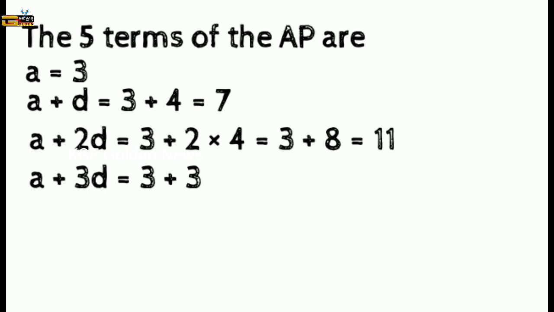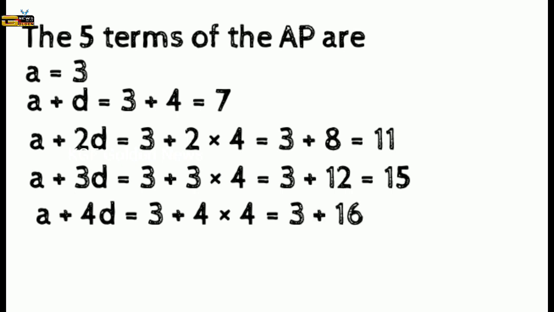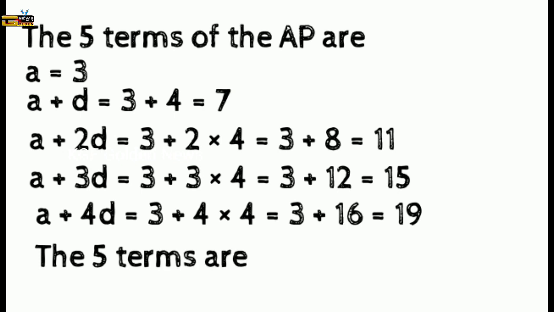A plus 3D equals 3 plus 3 into 4, which equals 3 plus 12, which equals 15. A plus 4D equals 3 plus 4 into 4, which equals 3 plus 16, which comes to 19. Therefore, the 5 terms are 3, 7, 11, 15 and 19.